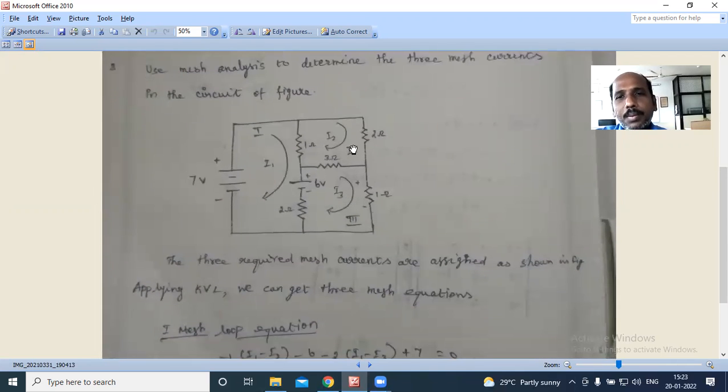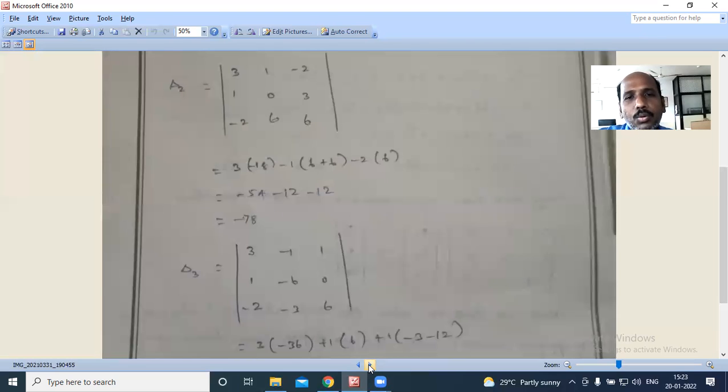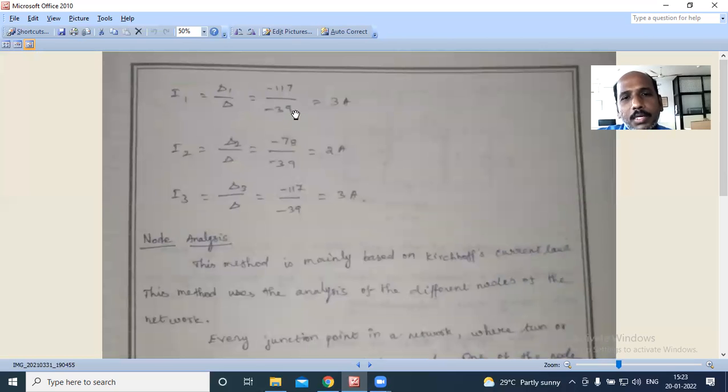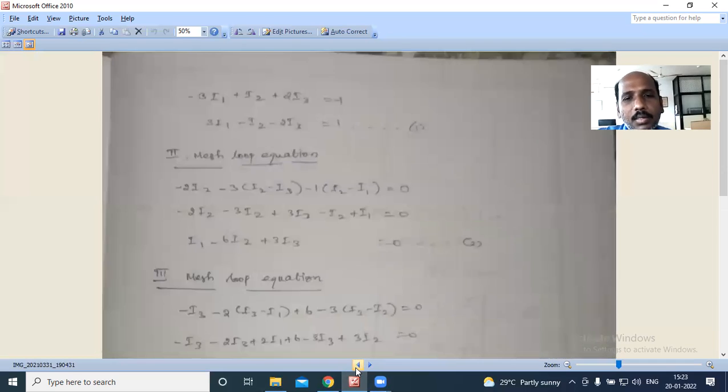In some other problem, for example, if they ask what is the current flowing through the 1 ohm resistor, it means I1 minus I2. What are I1 and I2? Let us find I1 minus I2: 3 ampere minus 2 ampere. 1 ampere flows in the direction of current I1.